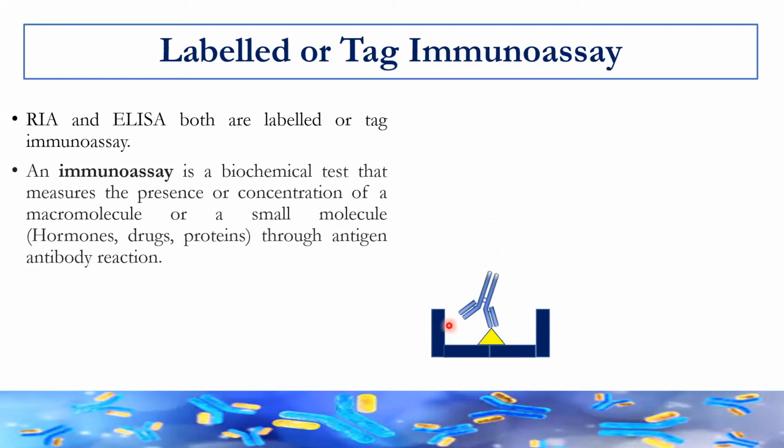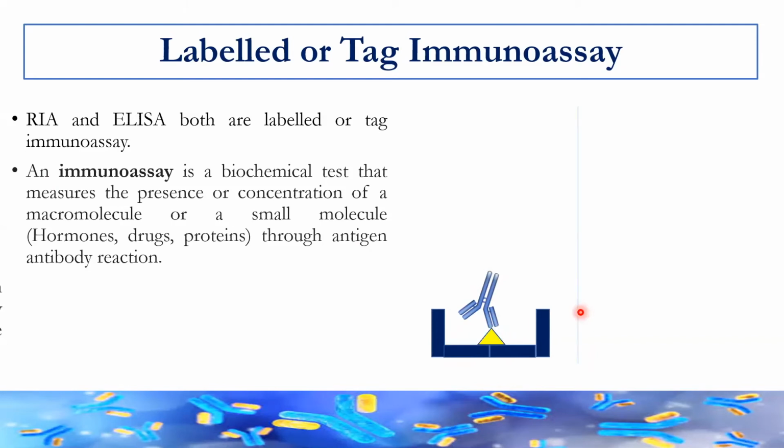But the problem is, the antigen is binding to the antibody, but the reaction is not visible to the naked eye. To make this reaction visible, we need to put some label. We need to tag something. This tagging can be done either to the antibody, or we can even label the antigen.